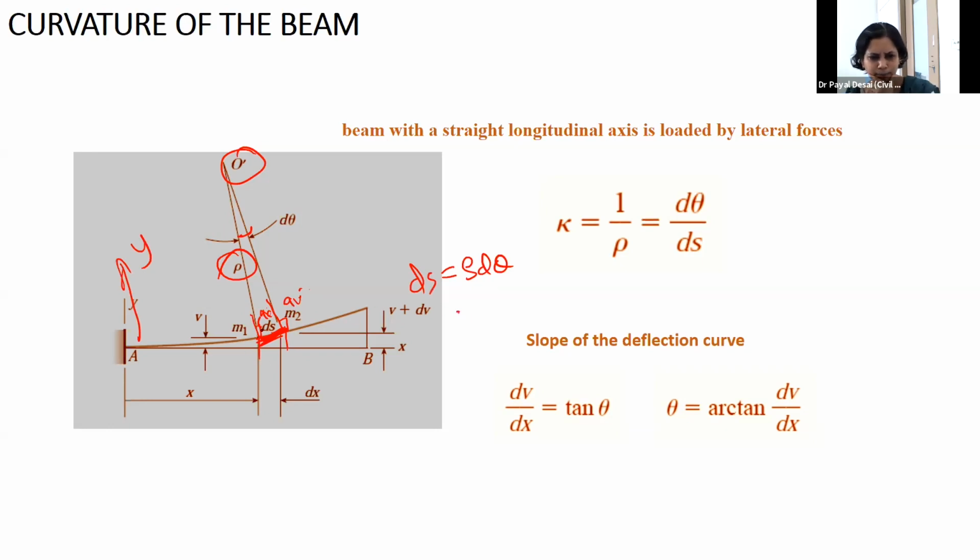And ds is approximately, because it's a small deflection, I can assume dx, that's the horizontal length, is approximately the same as ds. And I can define the curvature, that is 1 by rho, from this equation. 1 by rho is d theta by dx. And this is how the curvature is defined.